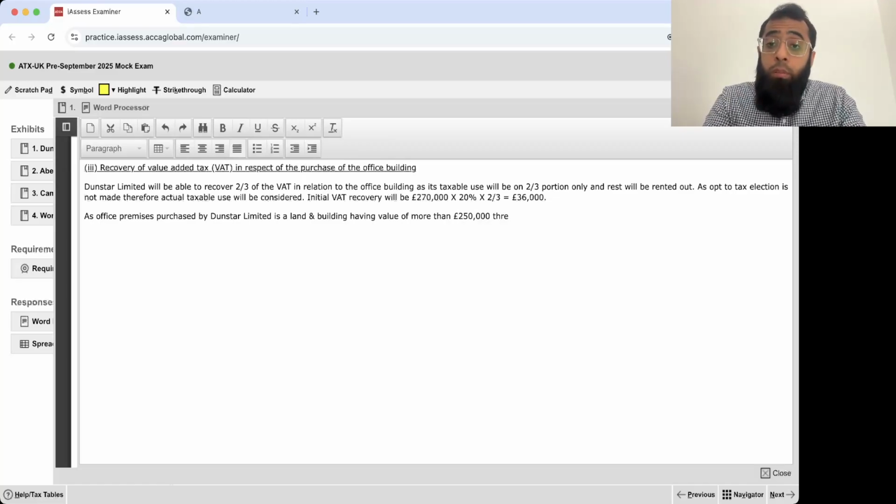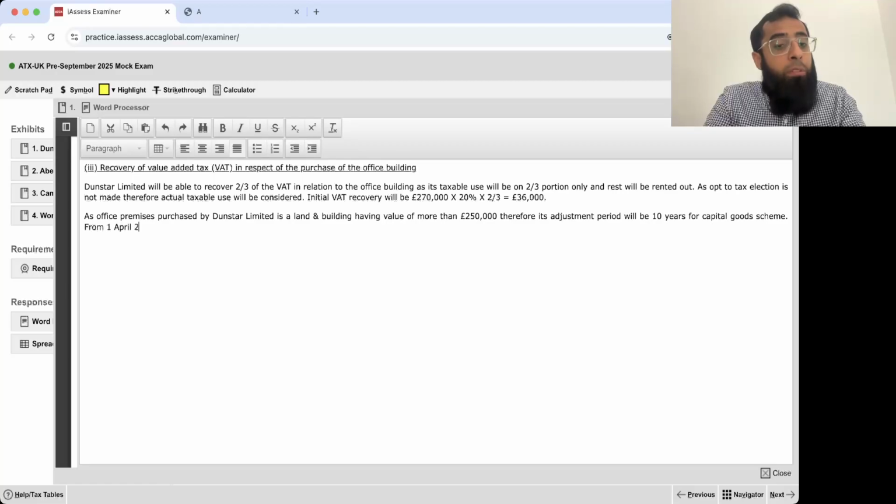Therefore, its adjustment period will be 10 years for the capital goods scheme. Okay, from 1st April 2026 to 31st March 2030, its taxable use will remain the same as of purchase date, that is 2/3 use in business.